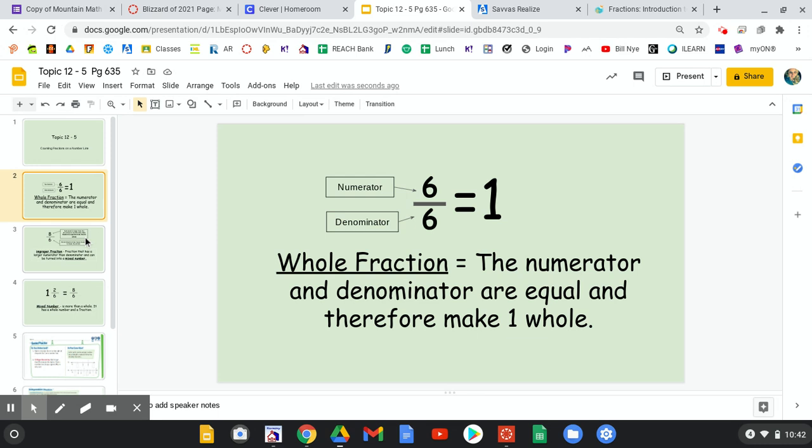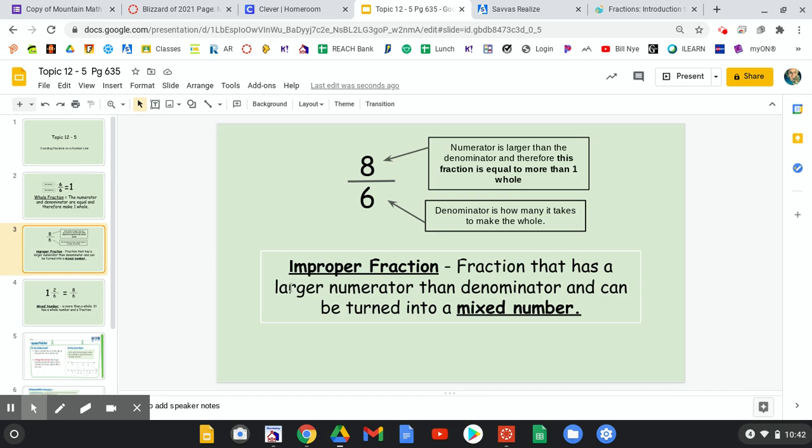The next vocabulary that we're going to be talking about is improper fractions. Improper fractions are when the numerator, which is supposed to be small, is actually really big and outweighs the denominator on the bottom. So the denominator takes 6 in this example, and so we have 8 on top.